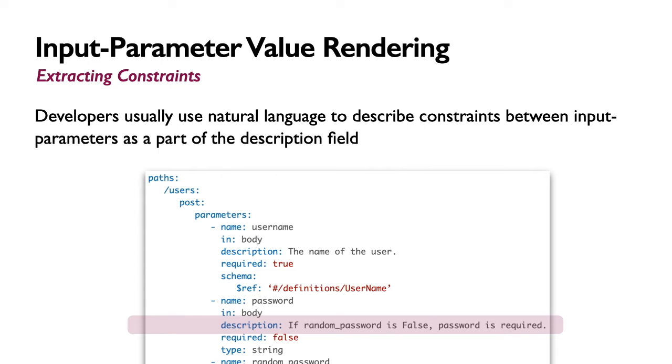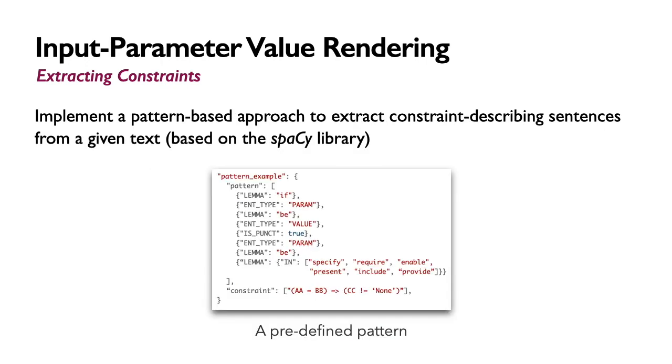Well, for the constraints between input parameters, the current Swagger specification just encourages developers to use natural language to describe constraints in the description field of input parameters. To enable the automatic constraint handling in REST-AT, we utilize natural language processing to implement a pattern-based approach. The core of the approach is a set of predefined patterns, where each pattern describes the structure of a constraint describing sentence.